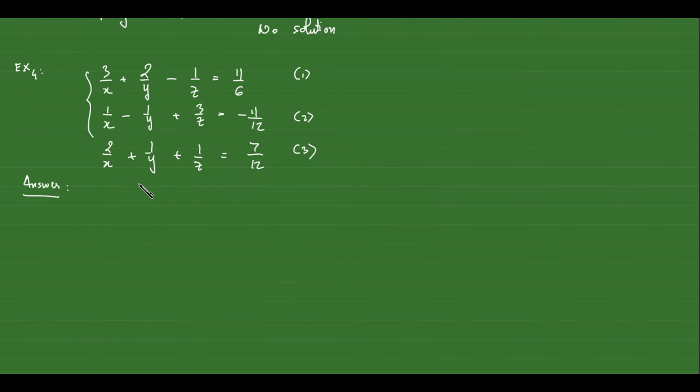So I multiply the second equation by 2, both sides. So I will have what? I have 2 over x minus 2 over y plus 6 over z equals negative 22 over 12.